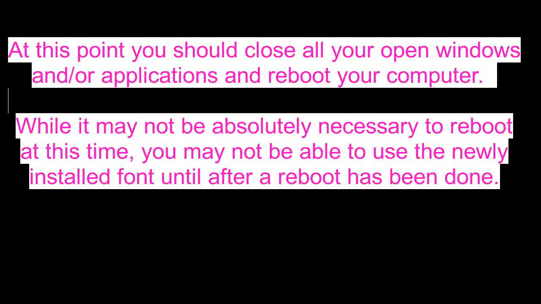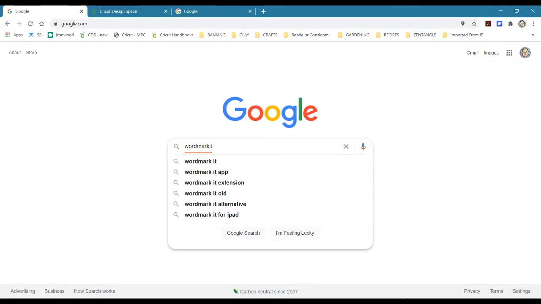So without rebooting, though, I'm going to go to what's this? It's called Wordmark, I think. Wordmark.it. Okay, so there is this great little tool that you can find, again, using your browser, and it's called Wordmark.it, and it helps you find fonts that are on your computer.